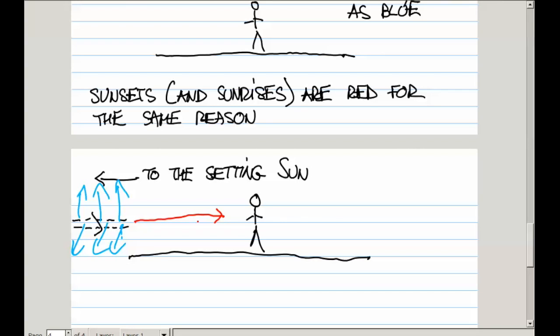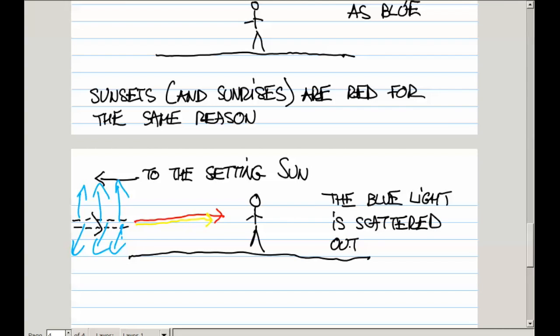However, the red light makes it through. And to some extent the same happens with the yellow light, which has a bit longer wavelength than the blue light, and definitely shorter than the red light.